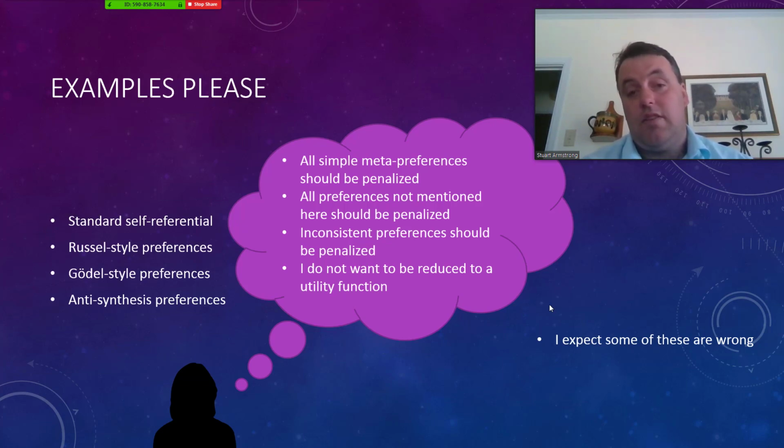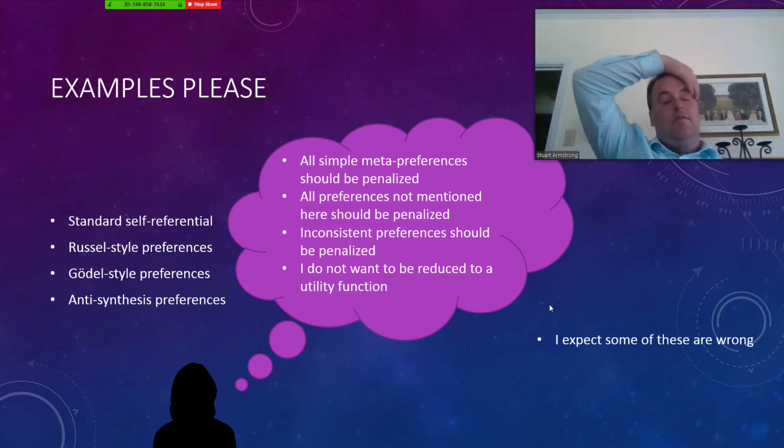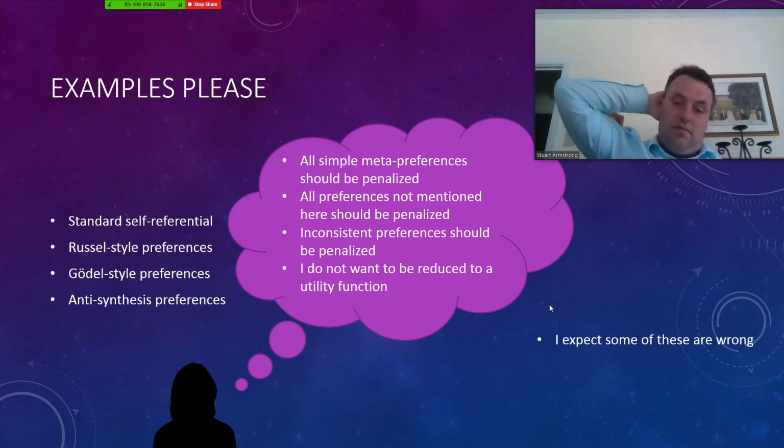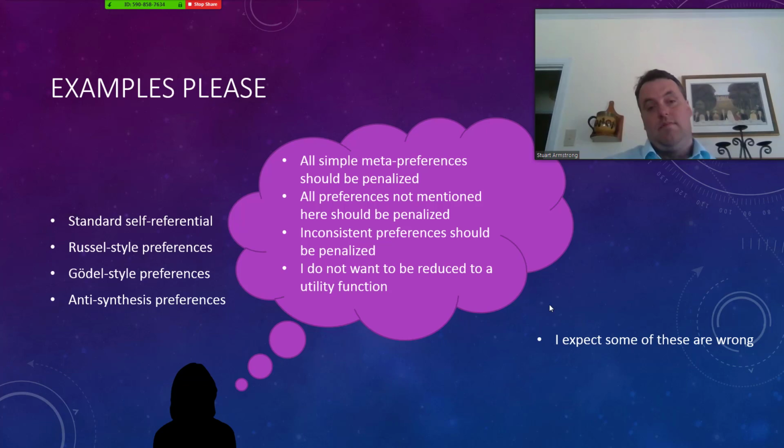Just to be clear, is this Russell's paradox, whether the set that contains all sets that don't contain themselves is contained within itself? You talk about Russell style preferences but you don't give an example. So I was wondering if this is an example, or do you have a better example in mind of a Russell style preference?